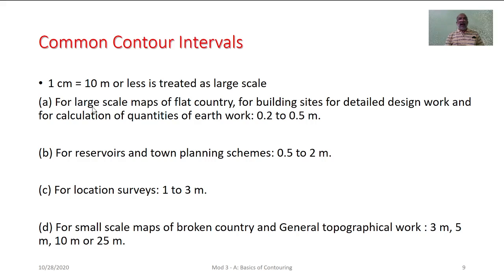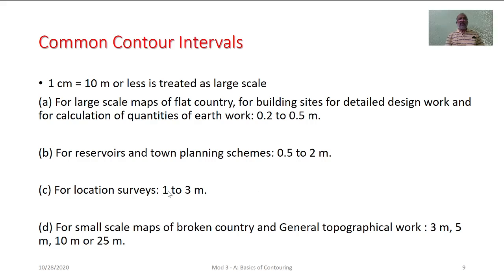So for large scale maps of flat country, for example certain building sites or similar structures, the contour interval can be 0.2 to 0.5 meter. Whereas for reservoirs and town planning schemes, the contour interval could be 0.5 to 2 meters.